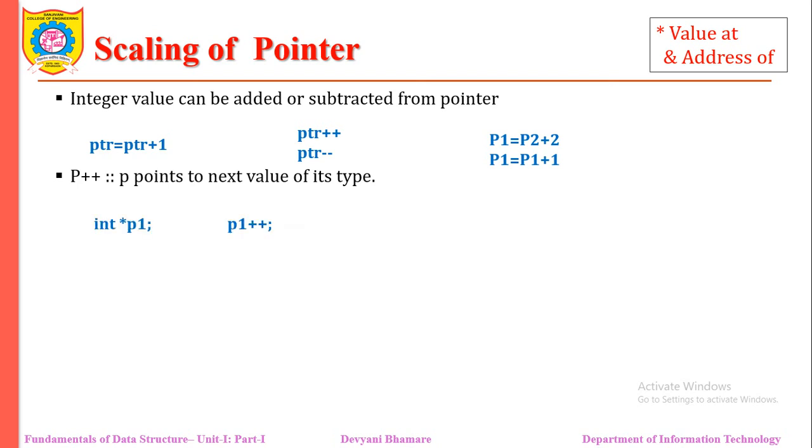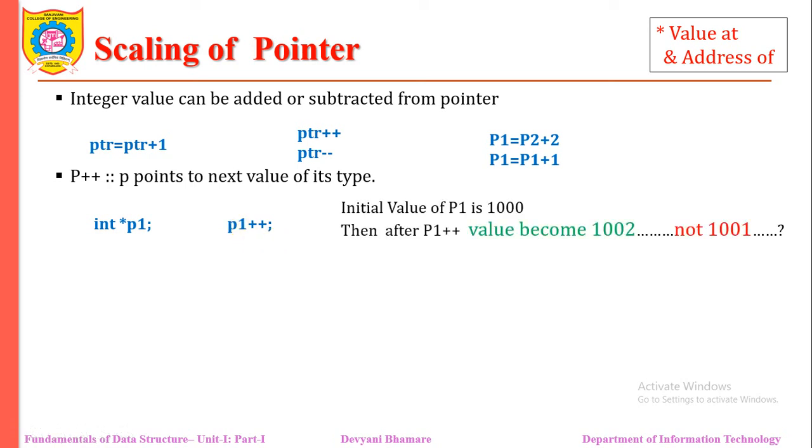So assume that we are saying int star P1. This is a declaration of a pointer. P1 is a pointer which points to an integer. So when we say P1 plus plus, this indicates that P1 will be increased by 2 bytes, because P1 is containing the address of integer type. Like, initial address is 1000. So P1 plus plus doesn't increase by 1, it increases by 2.